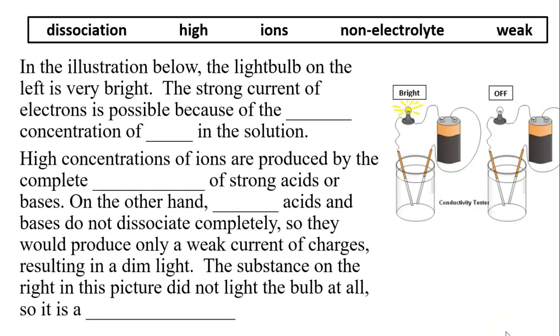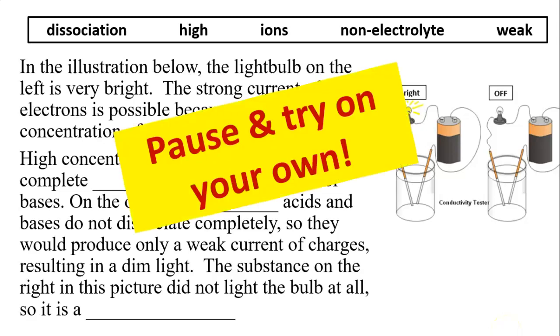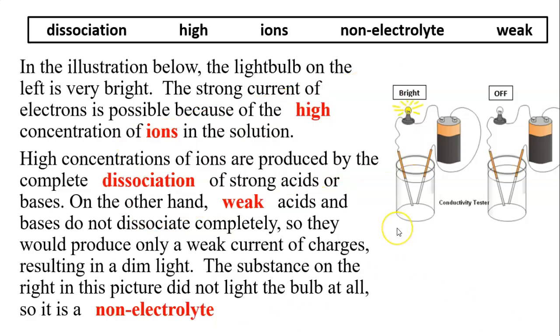So please read through it, try it on your own, okay? All right, in the illustration below, the light bulb on the left is very bright, okay? The strong current of electrons is possible because of the high concentration of ions in the solution, okay? It's good at conducting electricity because there are a lot of ions.